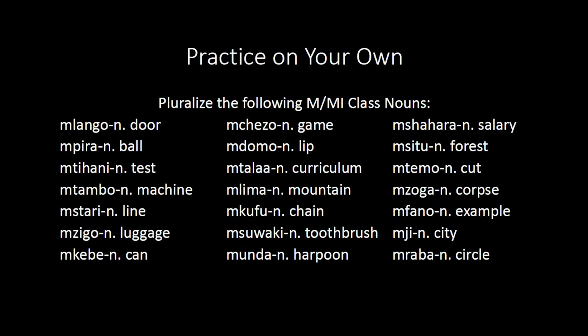If you said michezo, you pronounce it correctly. And here, mshahara, salary. You remove the M and you add MI, and mshahara becomes mishahara. Salary becomes salaries. Very good.